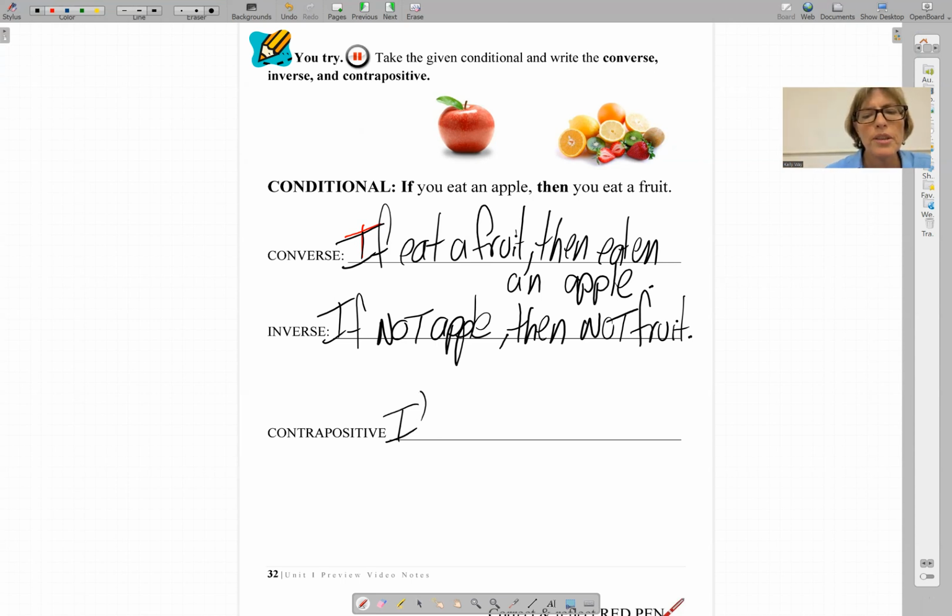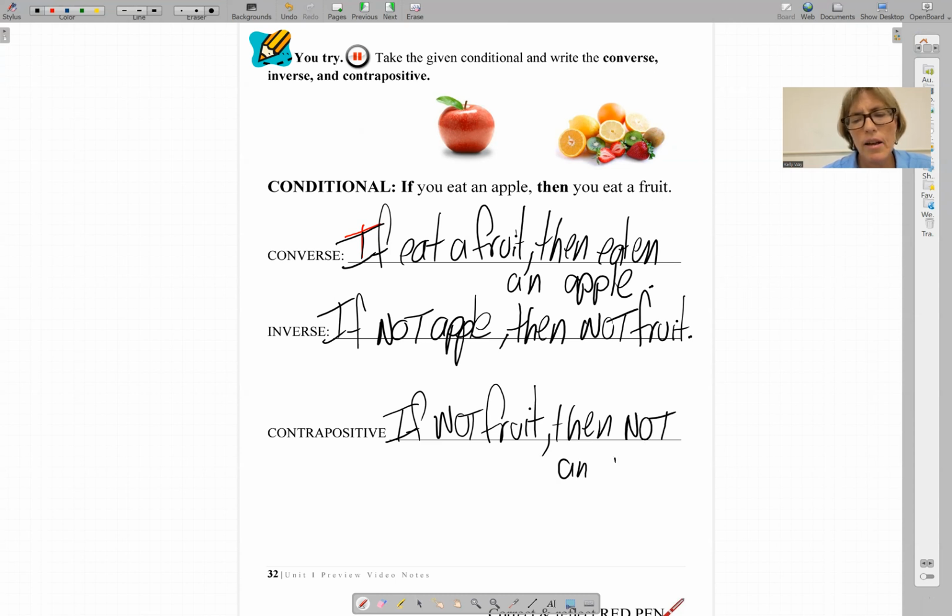So it'd read something like this. If you've not eaten a fruit, then you've not eaten an apple. That's the switch and flip. Okay, hopefully you got those variations, and if you flipped one of those wrong or switched it wrong, correct in red pen, write a note.